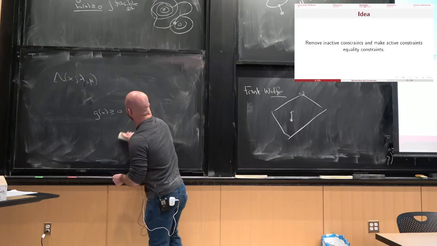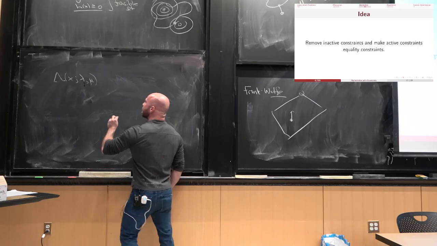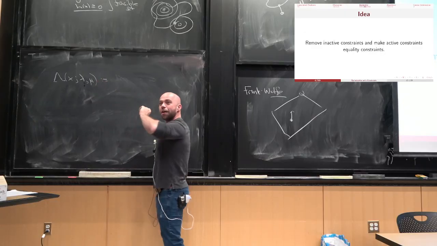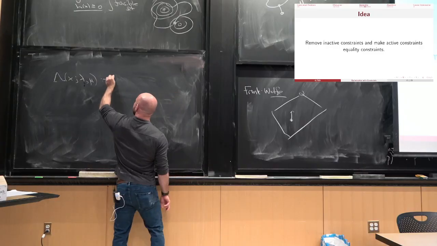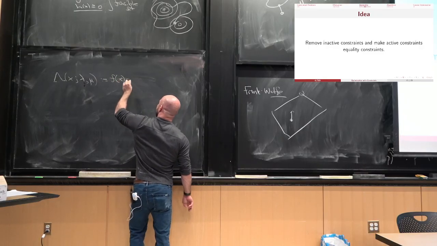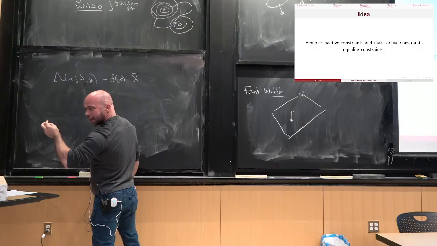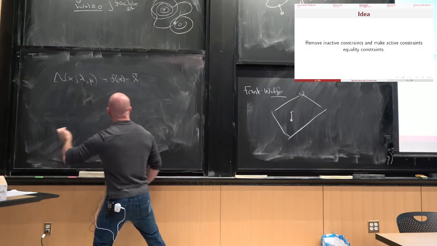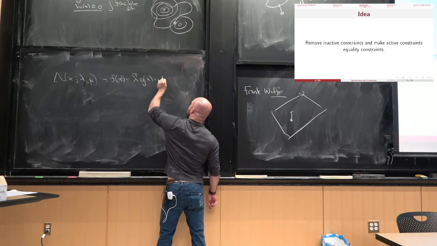Okay, so we're going to continue to make Alicia uncomfortable, and the way we're going to do that is by defining the Lagrangian as if all of our constraints were active, even though we know that they're not. So in particular, we have f of x minus lambda dot product. I keep forgetting which one's the equality. The g is the equality constraint, and now we're just going to add more Lagrange multipliers.